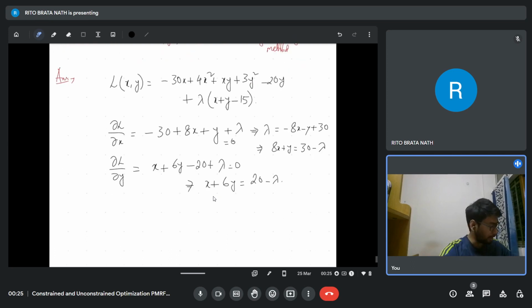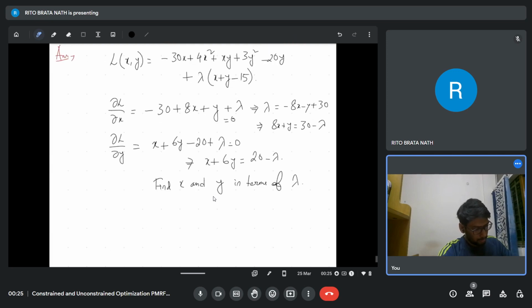And then you can find x and y in terms of lambda, then use x plus y equals 15 to find out lambda, and finally obtain the values of x star and y star.